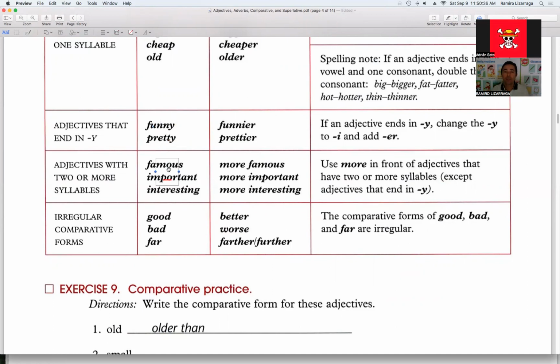Bueno, entonces, excepto los que terminan con Y, entra esta regla. Entonces dice, adjectives that have more than two syllables, we need to use the word more.